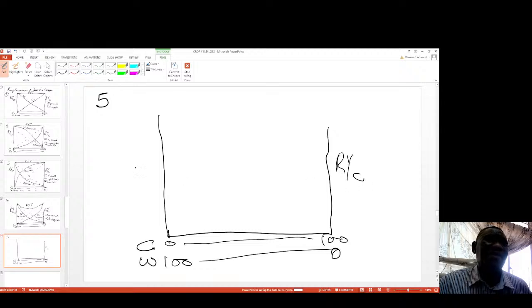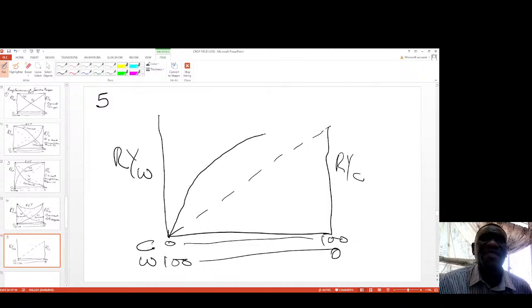RY, C. We start from the crop. The crop is having good performance, exceeds the expected dry matter output. Convex. Let us look at the weed.